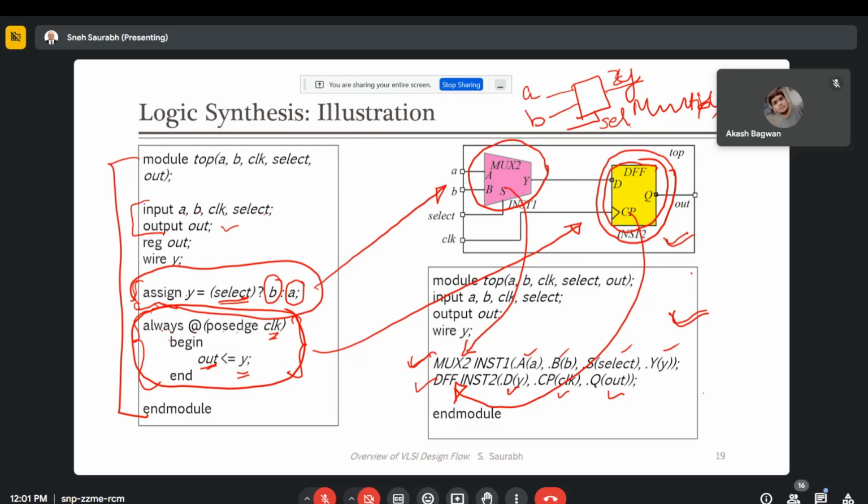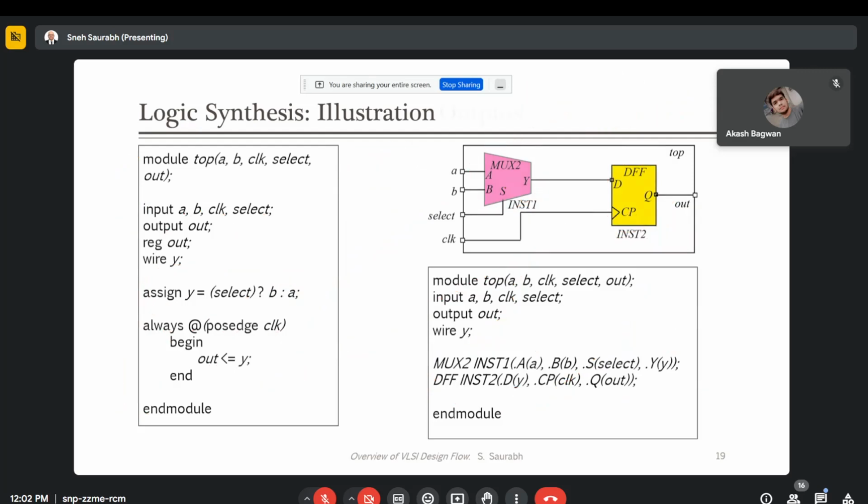Remember that the other inputs that we gave were the .lib file, the library file, and the .sdc file, or the constraints file, right? Using these two pieces of information, the tool will pick the right set of flip-flops or multiplexers and put them in our design, right?